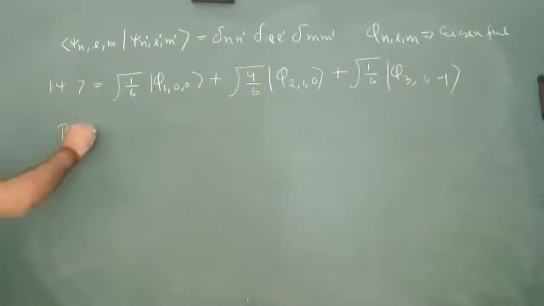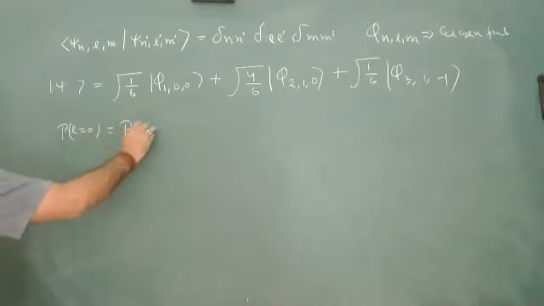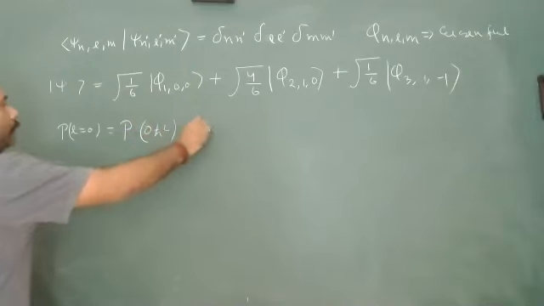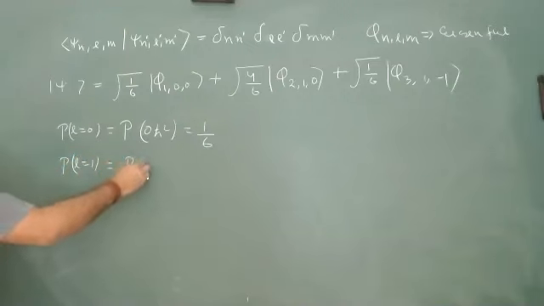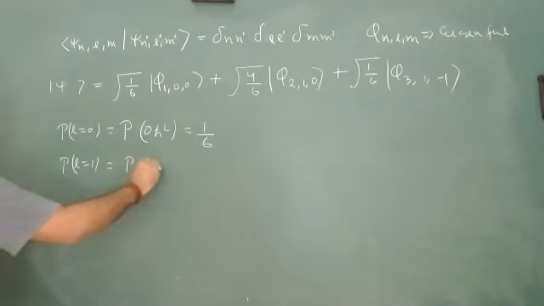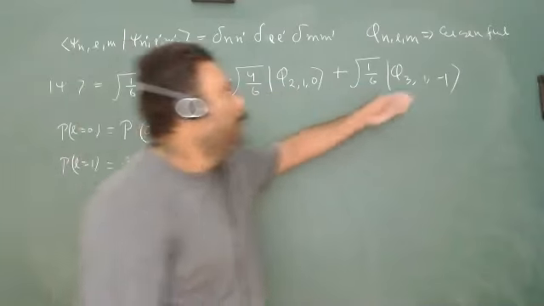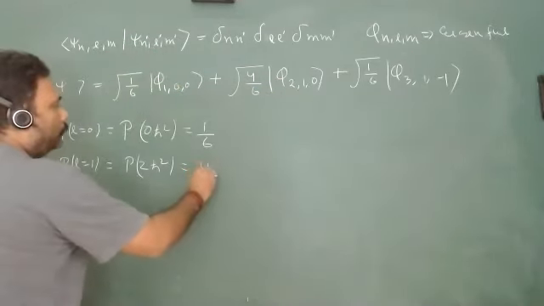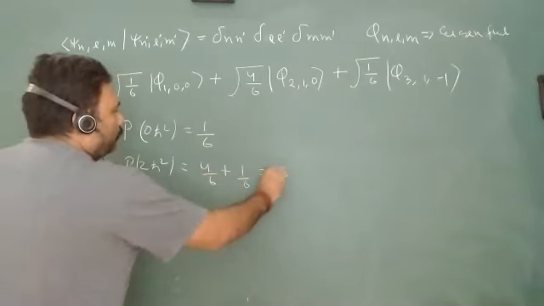Probability of L equal to 0 means probability of measurement 0 h cut square, and that will be 1 by 6. And probability of L equal to 1 means probability of measurement of 2 h cut square. Here you will also get 2 h cut square, here you will also get 2 h cut square, and the value will be 4 upon 6 plus 1 upon 6, that is 5 upon 6.